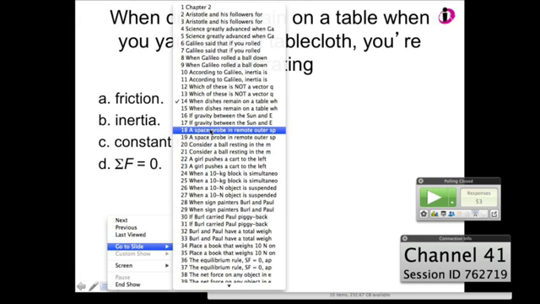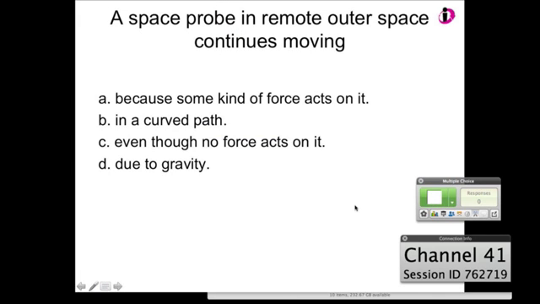A space probe in remote outer space continues moving. Why? Not exactly why, but which one of those? You guys can talk to each other, help each other out with these if you want.